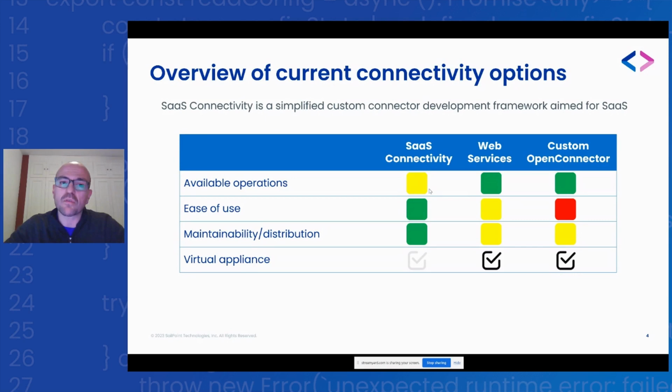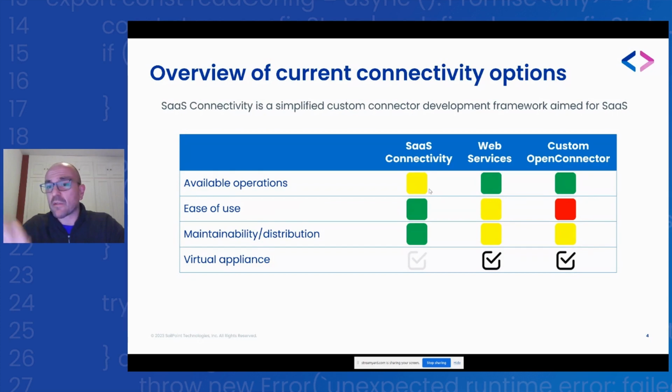When it comes to distribution with SaaS connectivity, as you could see in previous sessions, you can pack everything together and deploy. You can share whatever connector you want packed in a zip file, so somebody else uses it in their tenant. Or you can also keep all the files together.